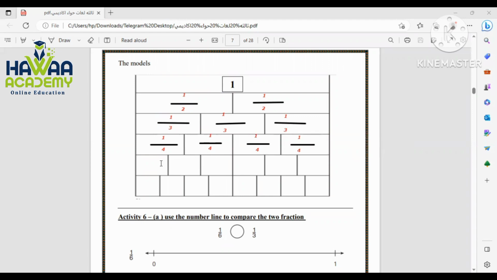Okay, let's count how many parts we have here. 1, 2, 3, 4, 5, 6. So the whole one is cut into 6 equal parts. Each part is one sixth, right?